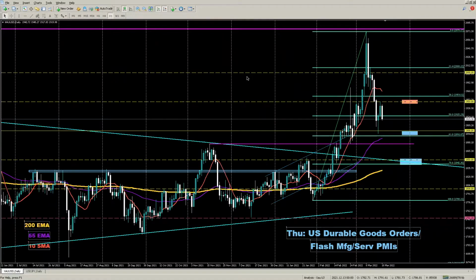All right, let's take a look at the US dollar index as well, the DXY.